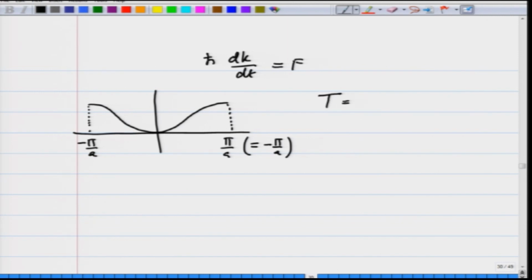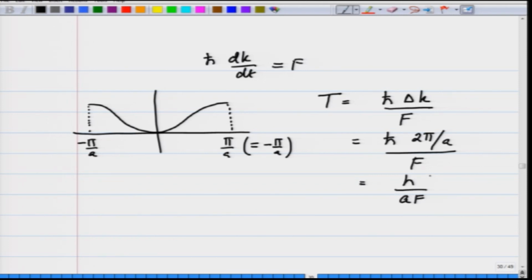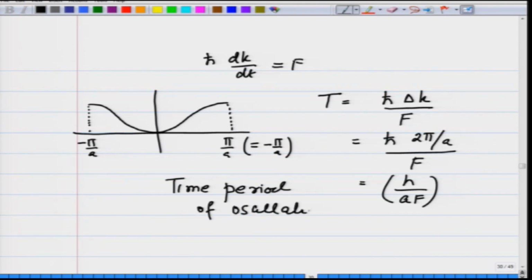So, the time t would be equal to h cross delta k over f, and h cross delta k has become 2 pi by a, so this will be h over a f. This is the time period of oscillations.